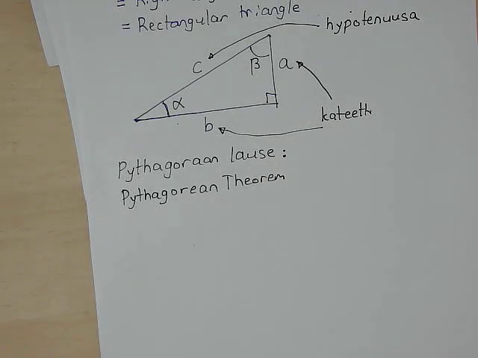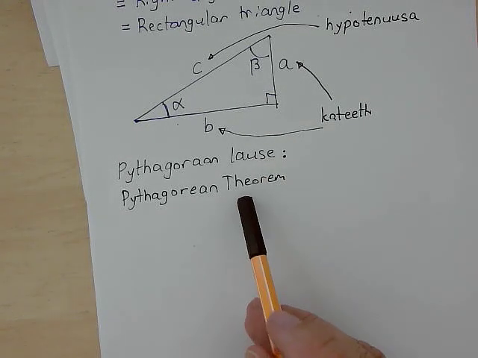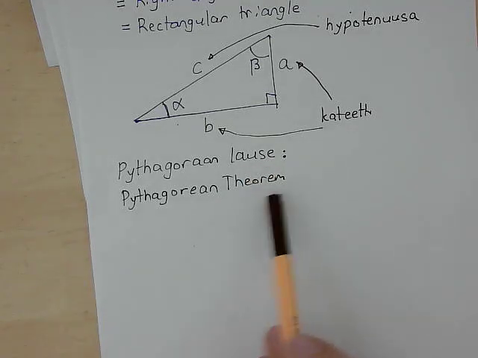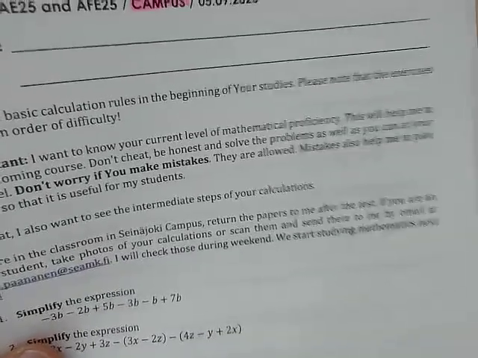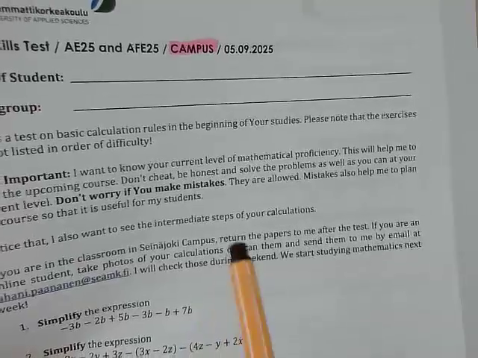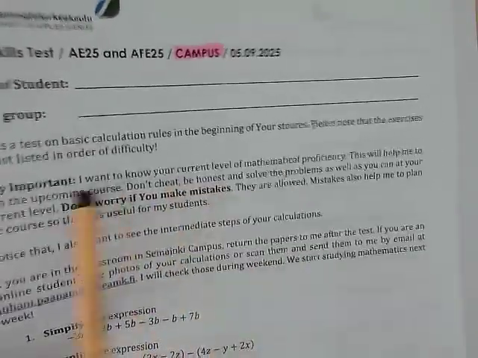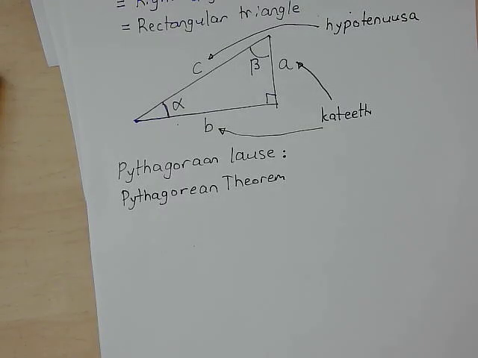Lause in Finnish may mean the theorem in mathematics, but for example if you read the text here, is it sentence? I think we had this earlier. In Finnish this is lause, the same word, sentence.